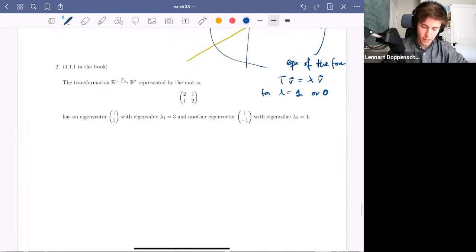Let's have a look at a more computational example. Let's look at a matrix, and this is actually in the book, the first example that they give. Whatever we don't cover in this example right now, you can just look at in the book.